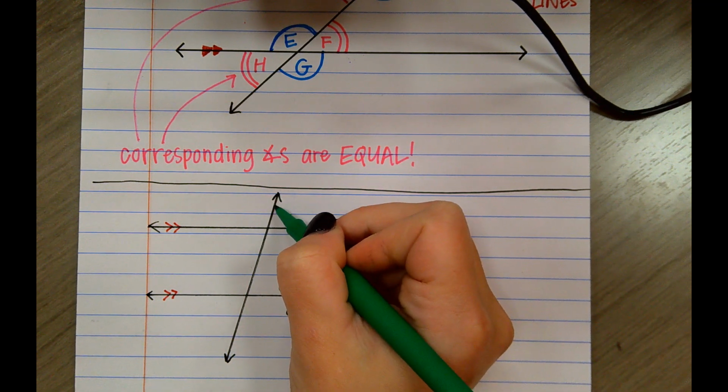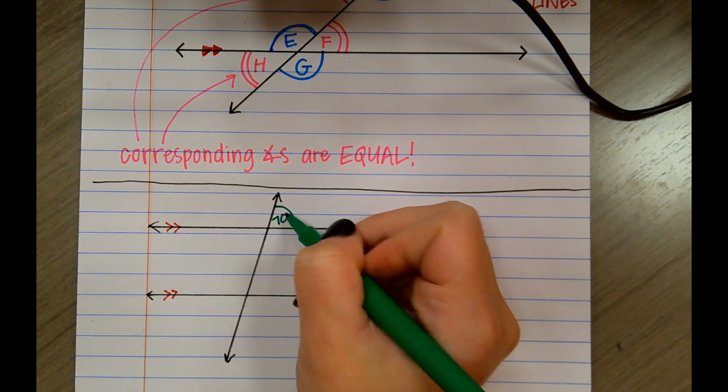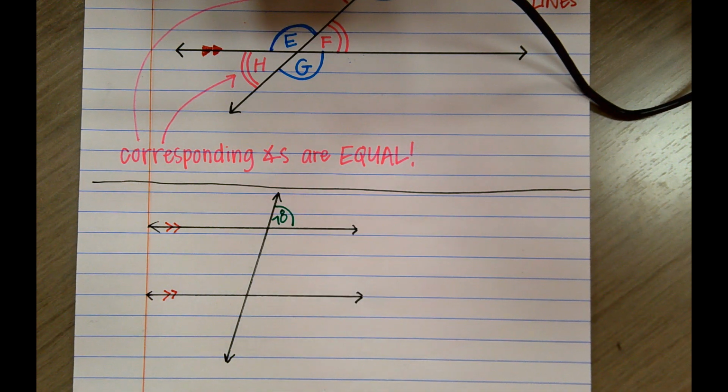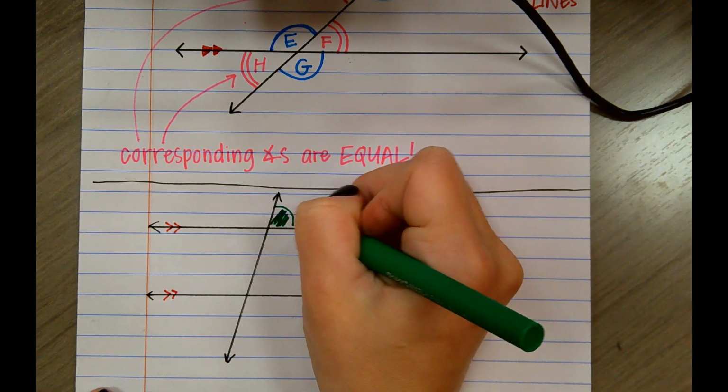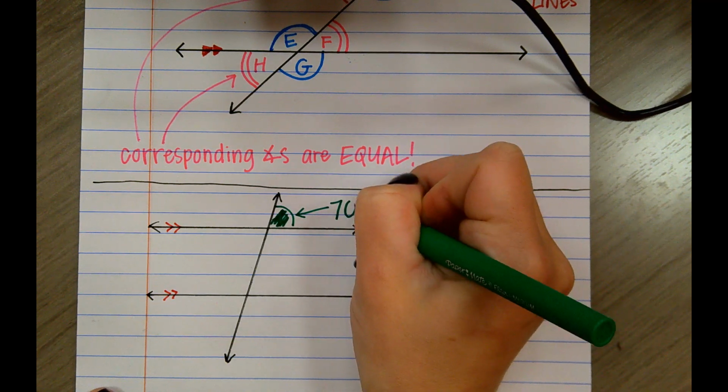This angle here is 70 degrees. We'll just say it's 70. It looks like 78. Guys, I'm sorry. 70 degrees.